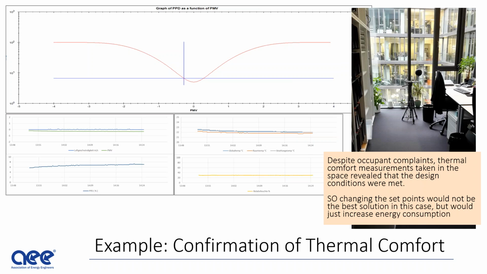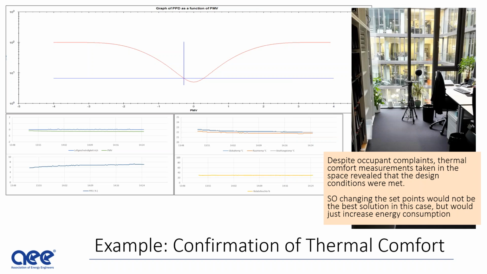Going through a selection of spaces, we found the results were pretty close to zero, which is optimal thermal comfort. So in truth, the systems were operating correctly and there were good conditions in the space.